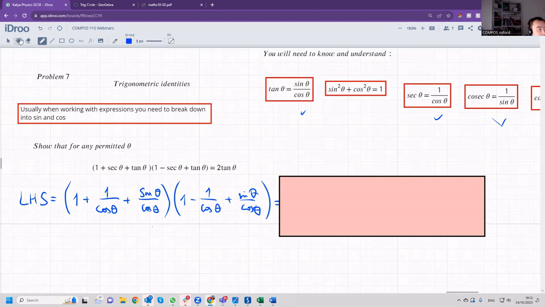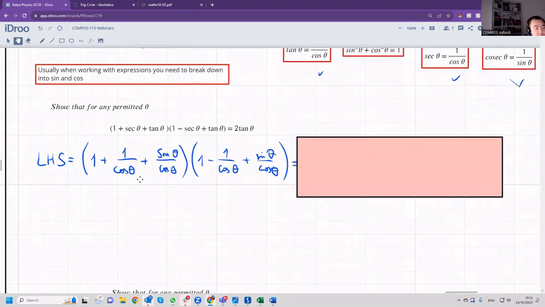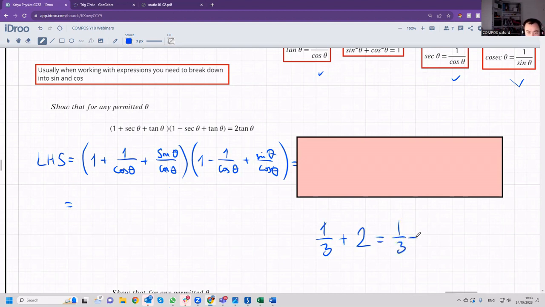Okay, I want to find the common denominator. When I'm adding fractions, for example, 1/3 plus 2, I need the common denominator. The common denominator is 3. So I rewrite this as 1 over 3 plus 6 over 3.